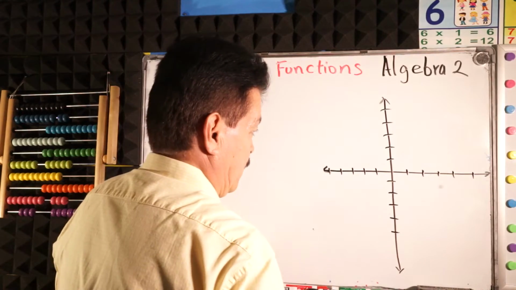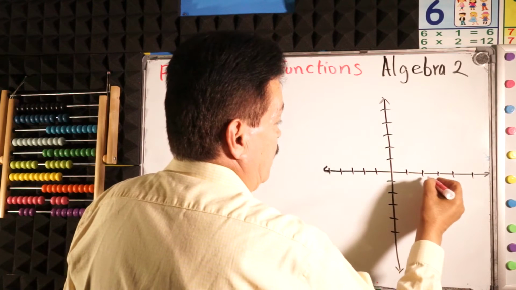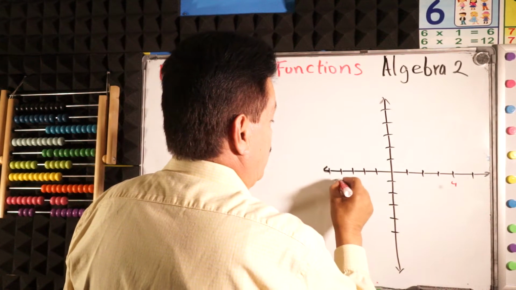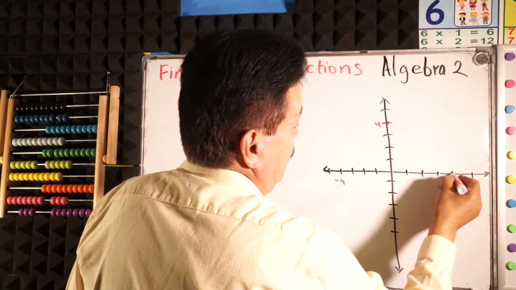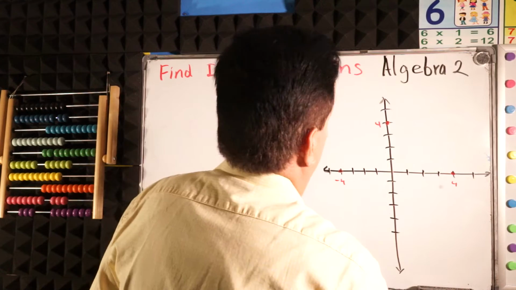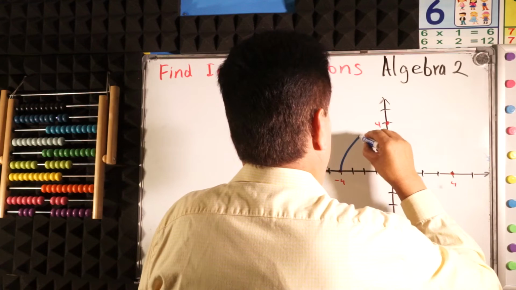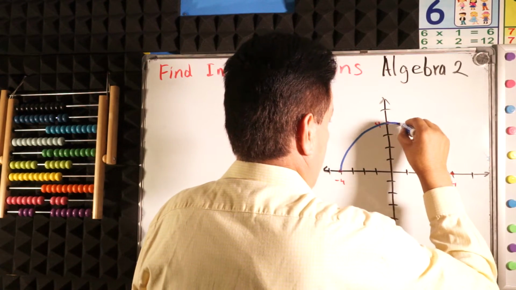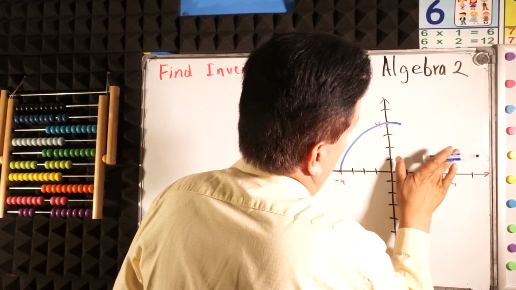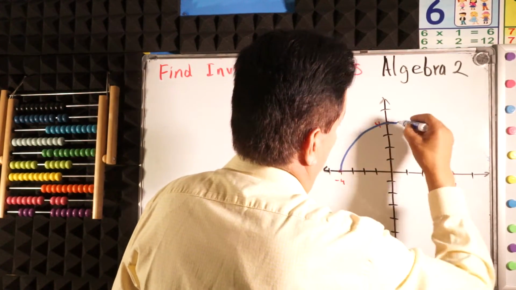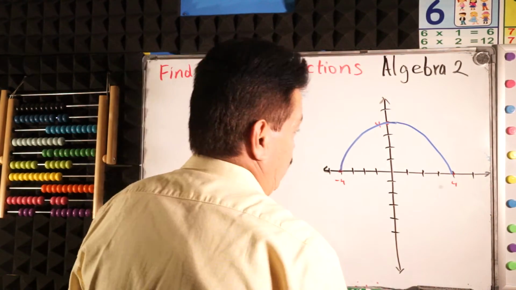I want to make this graph like this, with 4, -4, and 4. I will draw this graph in this way. This is too close, you need to open it, like that. This is our graph.